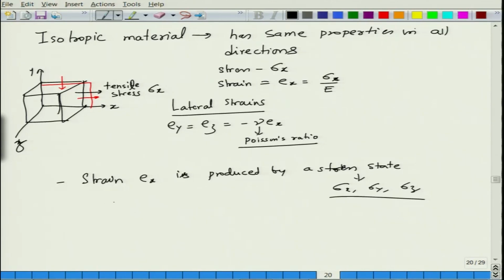So, the contribution of sigma x is essentially epsilon x, which is equal to sigma x divided by E.